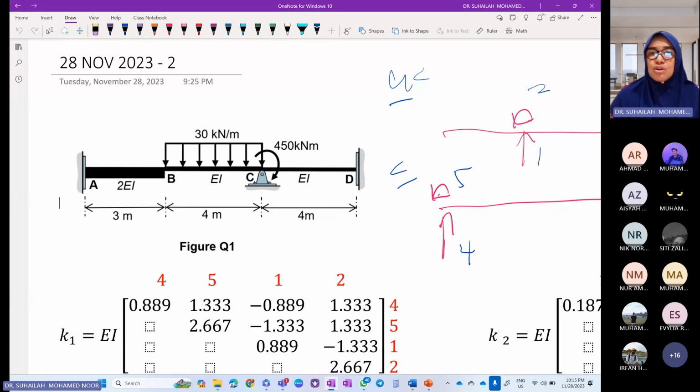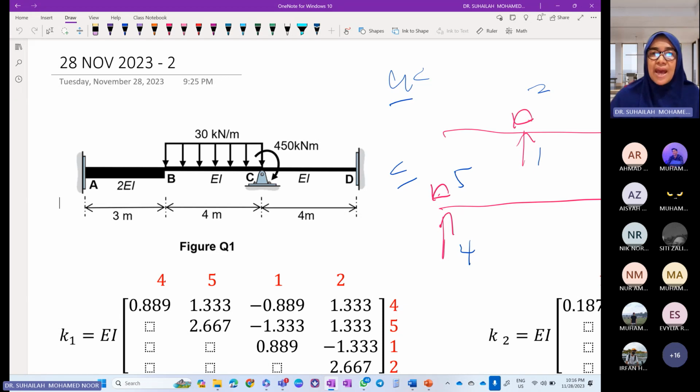But when there is no load on AB, we don't have to calculate it, because the values are 0. Same goes for CD. On CD, there is no point load subjected on the member, so it is 0 as well.